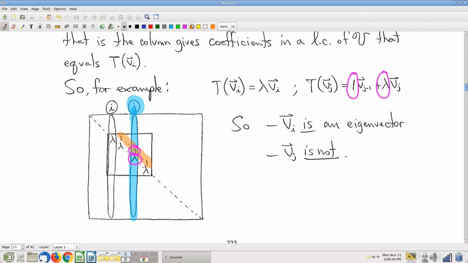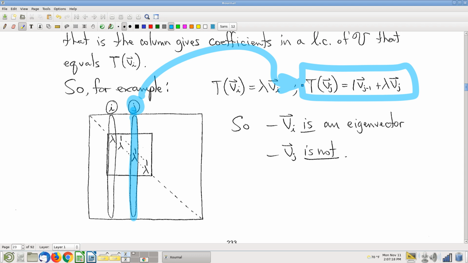I have 1 times the vector just before the jth vector, namely v(j-1). And then, let's use green here, this lambda times vj, the jth basis vector. Looking at that equation, given what that column is in this Jordan form, that column gives you this equation.